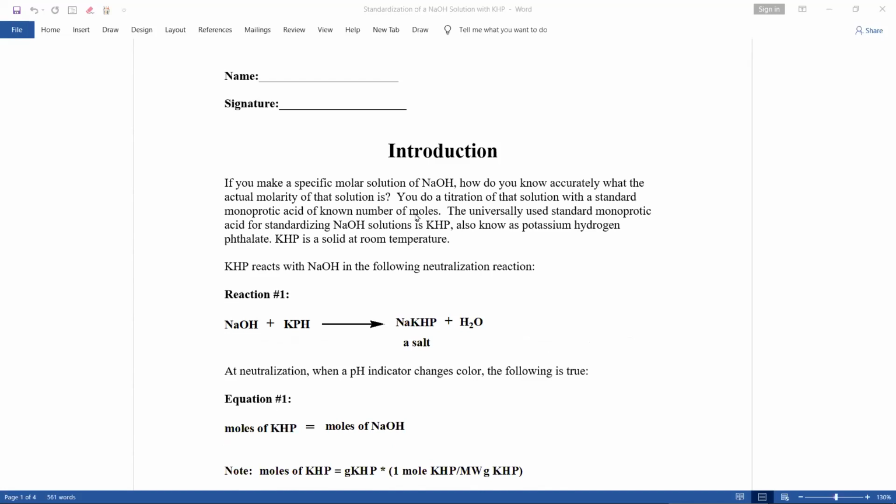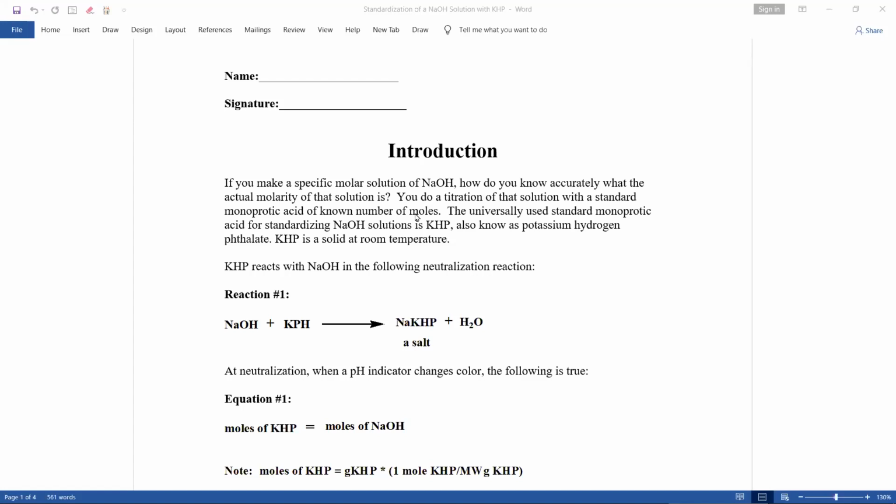In this class, I'm just sticking to monoprotic acids of a known number of moles. And the universally used standard monoprotic acid for standardizing sodium hydroxide is KHP. Everybody calls it KHP. And the full name is potassium hydrogen phthalate. Say that 5 times quickly.